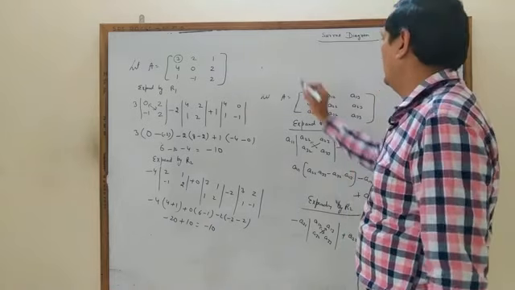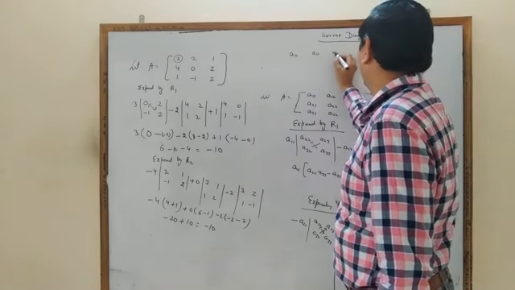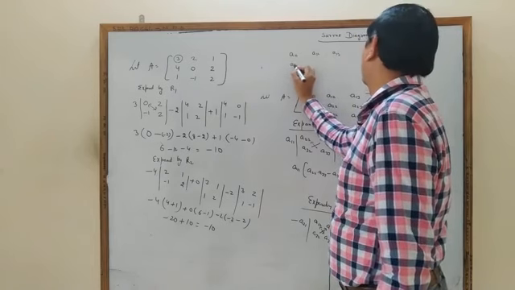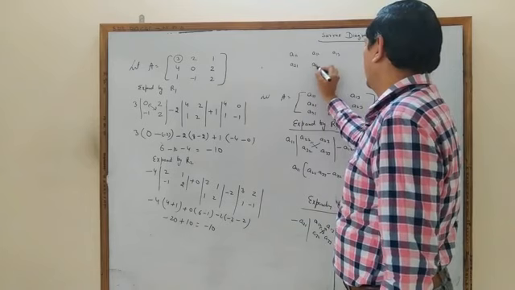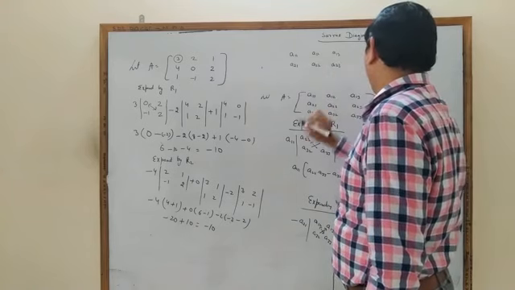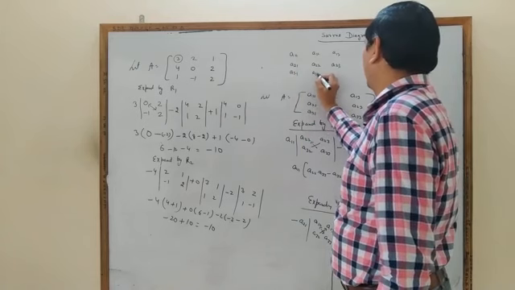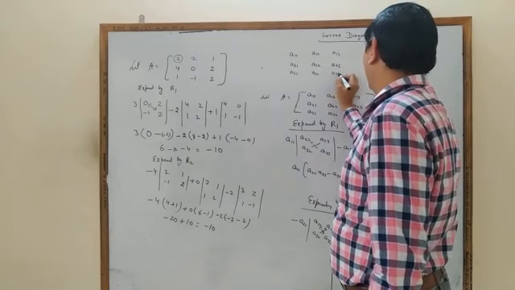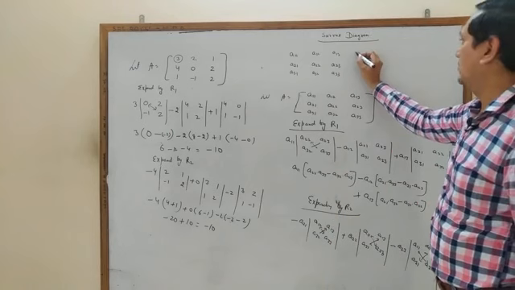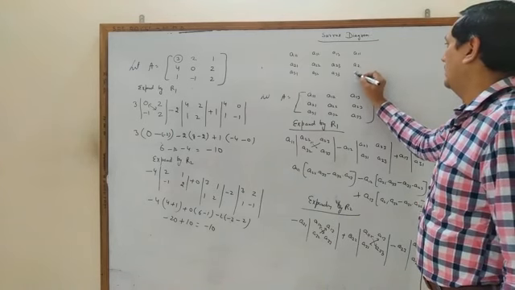In this method, we write elements just as they are arranged in the matrix. And then the first two columns are to be repeated like that, A21, A31.